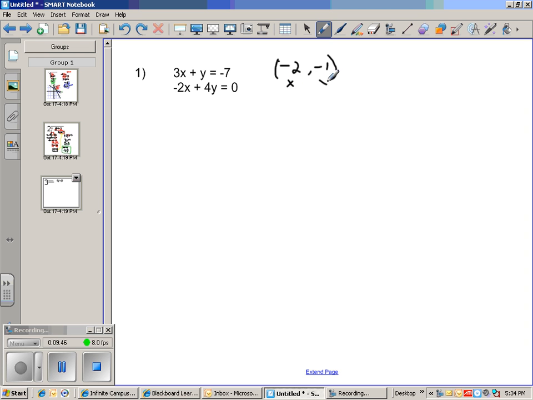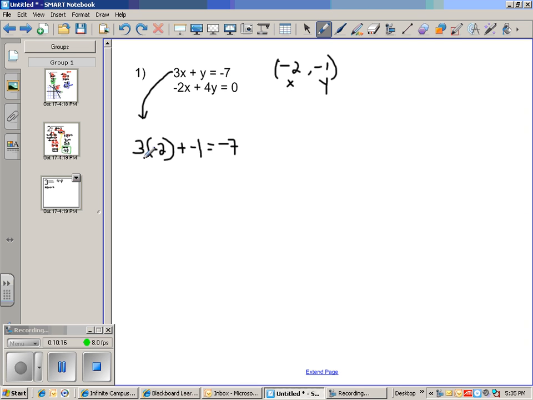X is equal to negative 2. Y is negative 1. Let's take the very top equation. And let's just replace x and y. So I just put in 3 times x, well, x is negative 2, plus y, y is negative 1. And if everything turns out, we want that to equal whatever is on the right side.